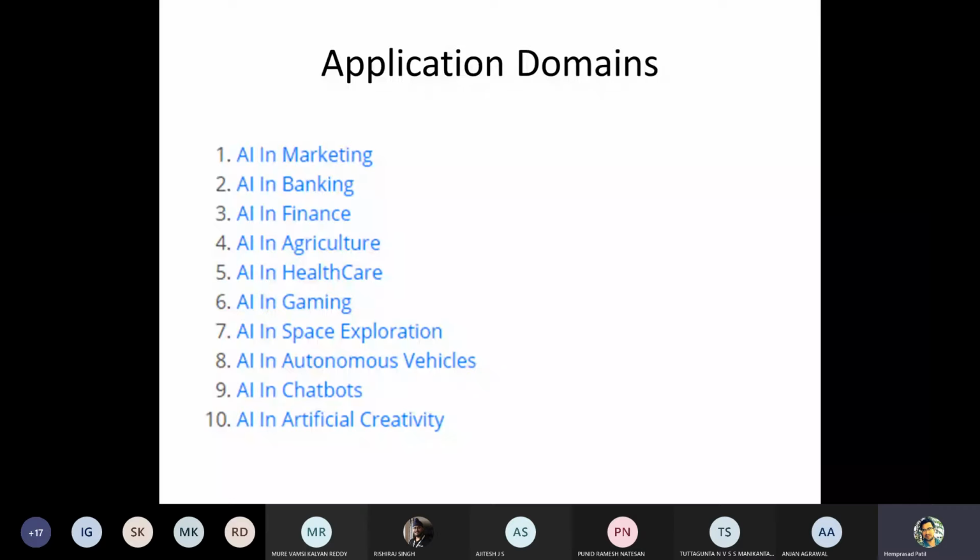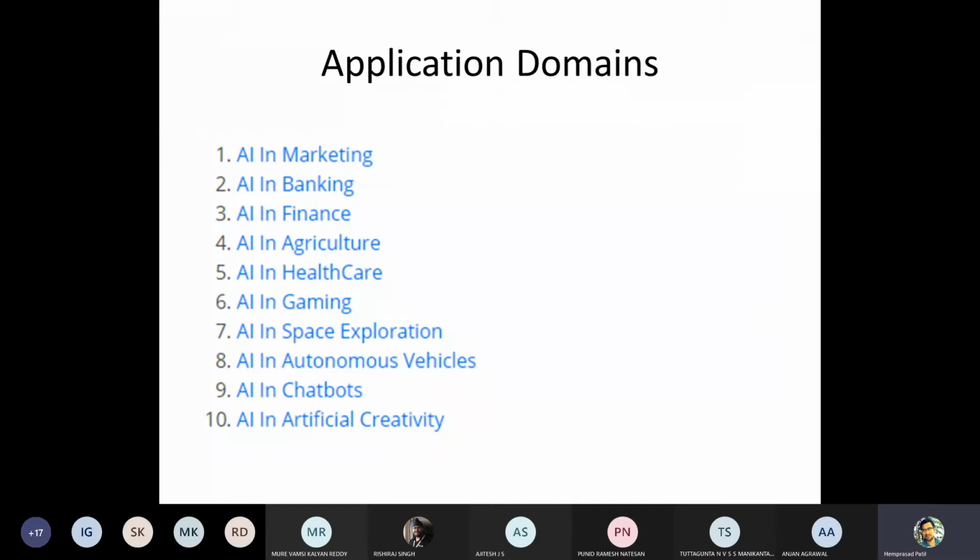If you Google AI in sports, you'll get some use of AI there. AI in hardware design, you will get some application. Likewise, AI is now applicable in various domains. There are a very large number of domains to be covered, but we will discuss only 10 of them.